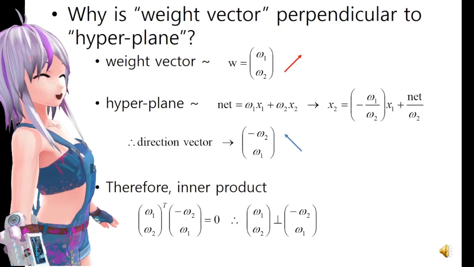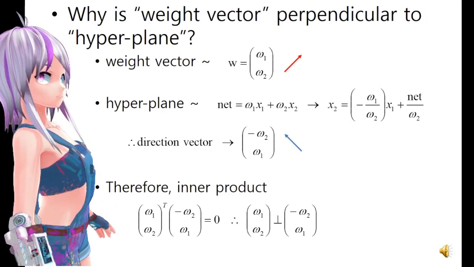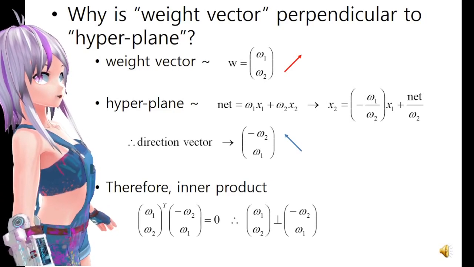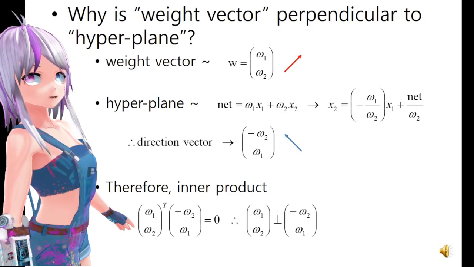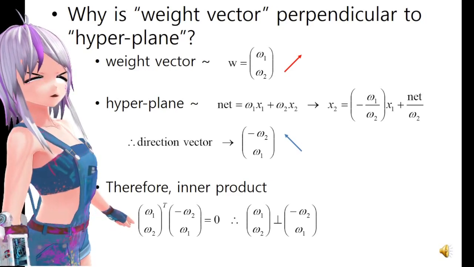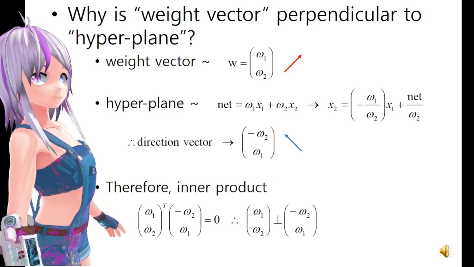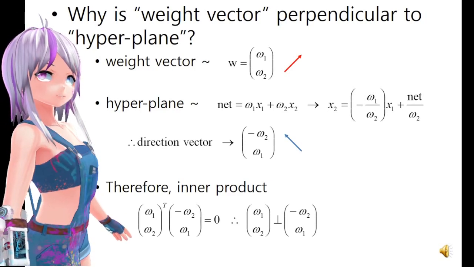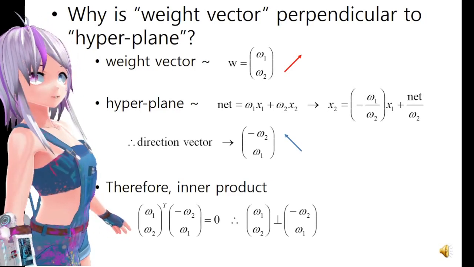So the direction vector is the slope of this line for this hyperplane. So this is minus W2, W1. You can either put the minus sign on top or the bottom, but anyway, the direction vector is represented by the blue arrow.